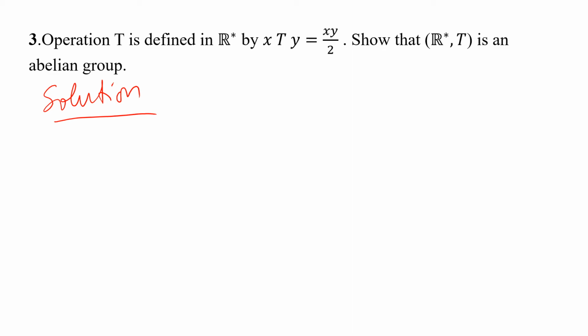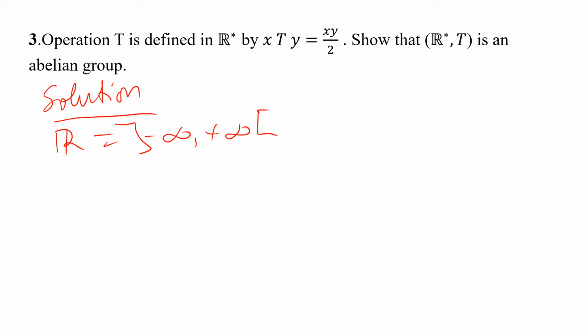Before showing that R star under T is an abelian group, let's first explain what is R star. We know that the set of real numbers is defined as the interval from negative infinity to positive infinity, excluded.